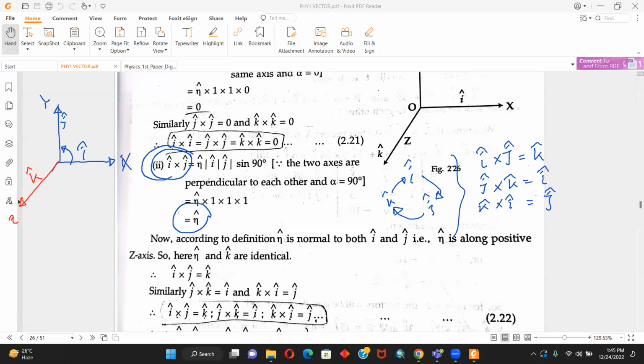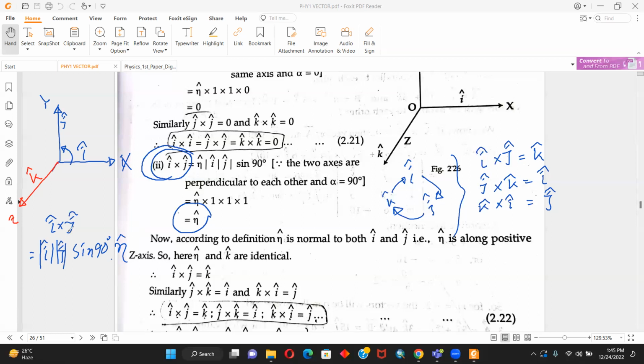Now let us try to get the value for I cap cross j cap. This will equal I's magnitude, j's magnitude, and sine 90 degrees, and we obviously need a unit vector, which is eta cap, which we have already learned shows the direction only. Now tell me, what is the magnitude of I cap?